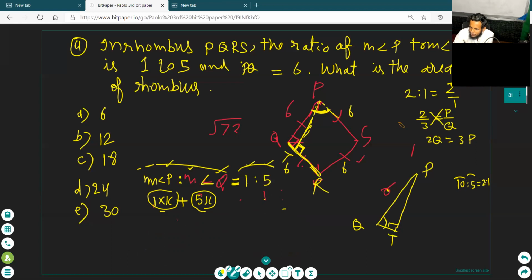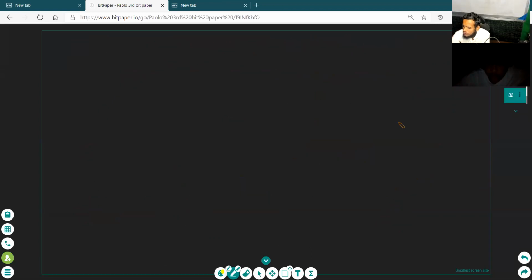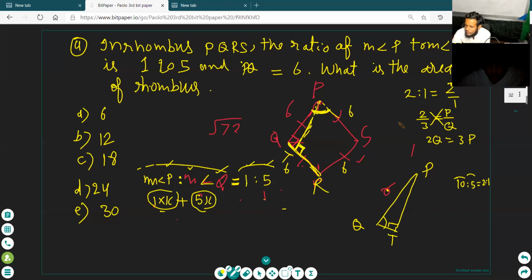Tell me, what is the sum of P and Q? You don't know the sum of consecutive angles? This angle and this angle. What is the sum of consecutive angles?